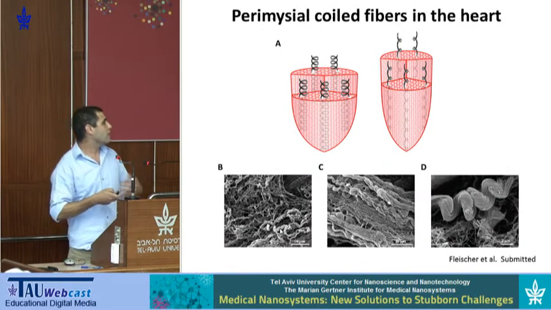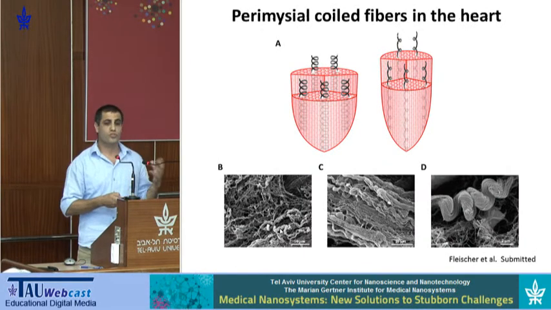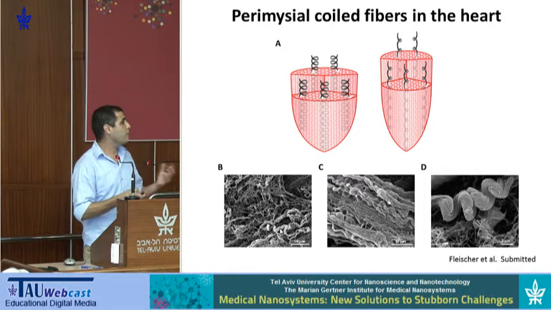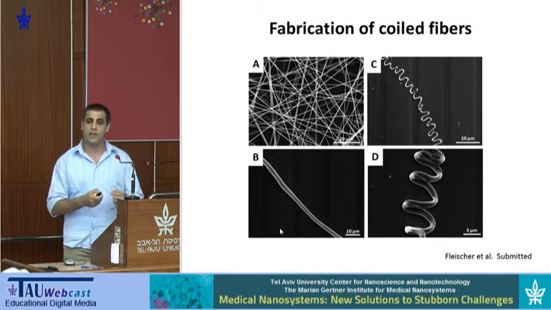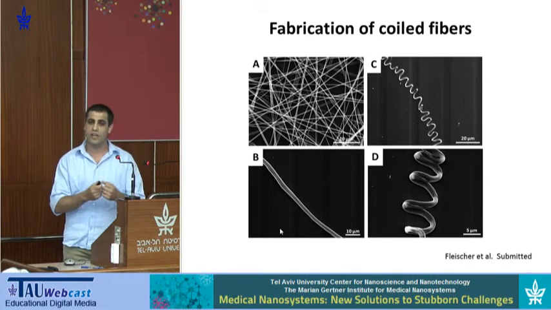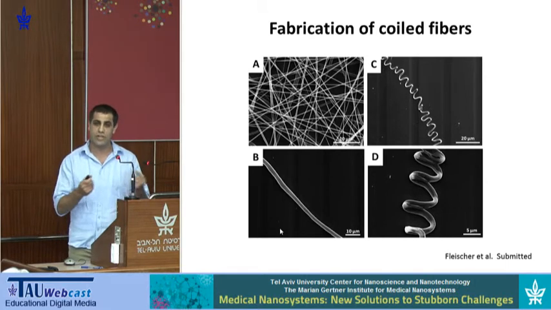And also we can try to recapitulate or to see other fibers in the extracellular matrix, such as coiled fibers, and to synthetically create these fibers. So now we have fibers that are coiled fibers. They are spring-like fibers.